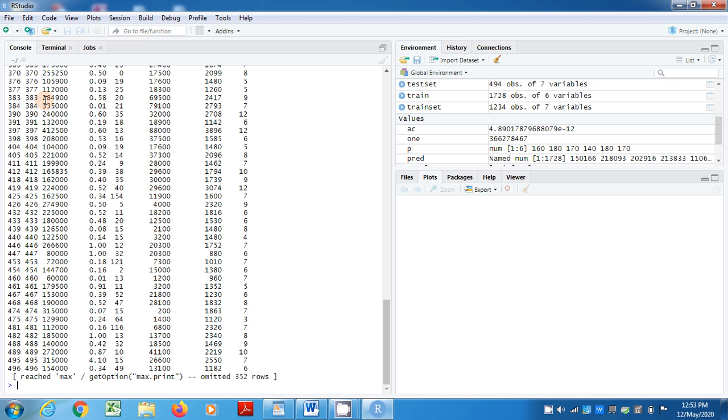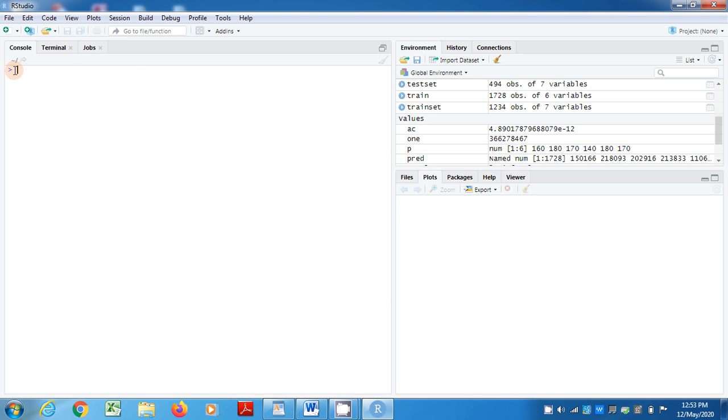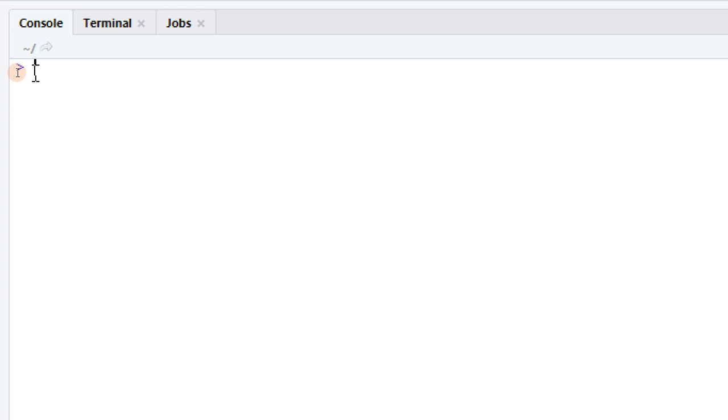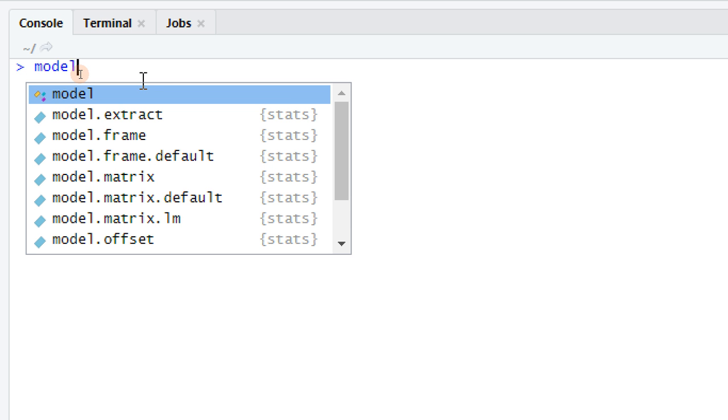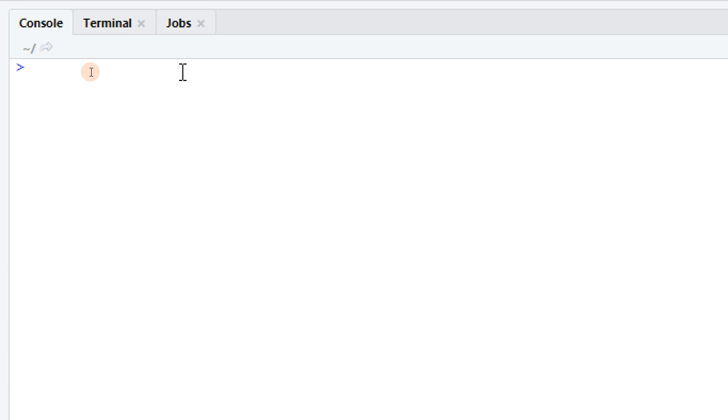Now we will use a function called lm. lm stands for linear model. The linear model uses two parameters. I'm taking a variable called model, which is the new variable.